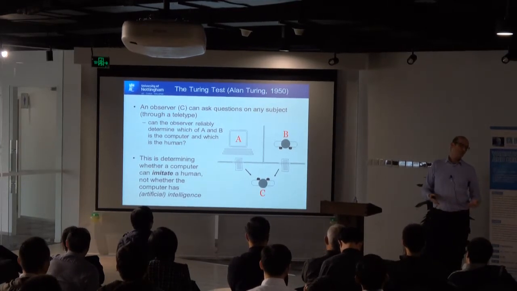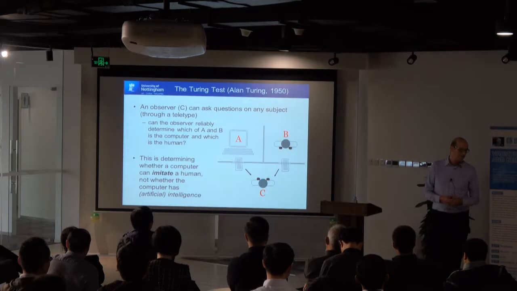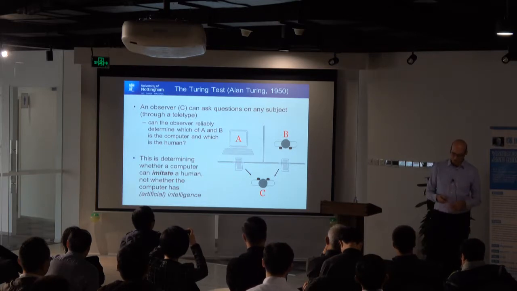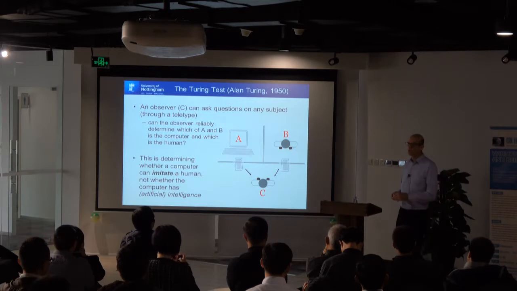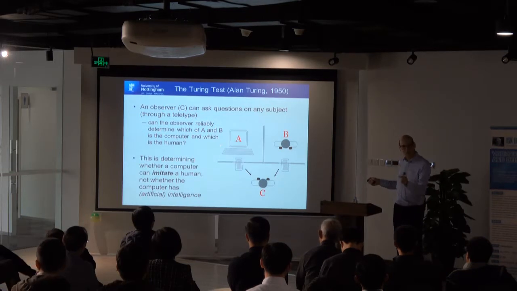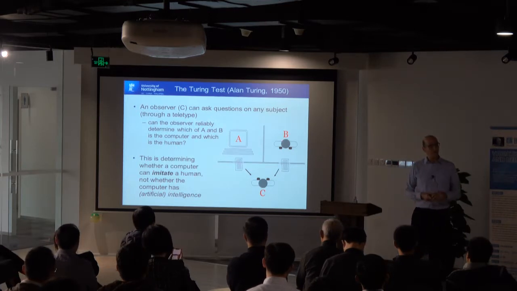In the full Turing test, you're allowed to ask any question on anything whatsoever, over any period of time, with no specified time limit. At some point, the observer has to make a choice: is A the computer and B the human, or the other way round?